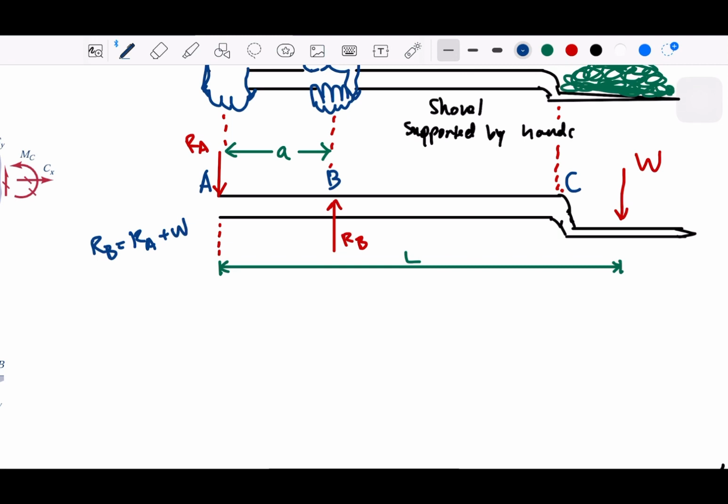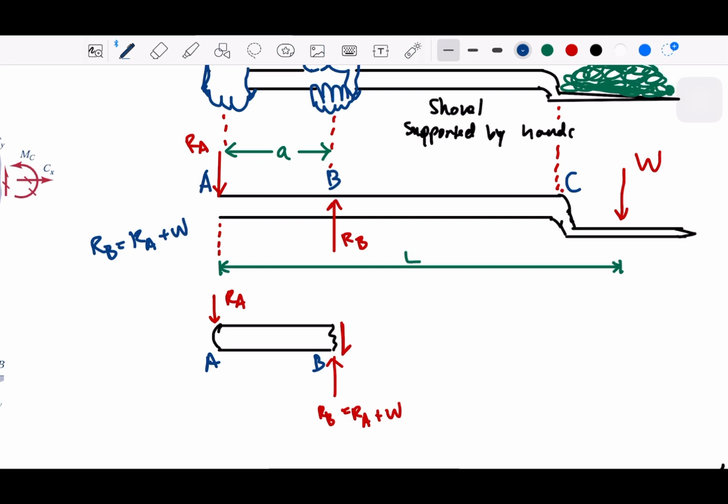Let's try to cut, let's say from A to B. So let's cut open. So this is still RA, and this is RB, which is RA plus W. And then we are going to have some shear between this cut. So this is A, this is B.